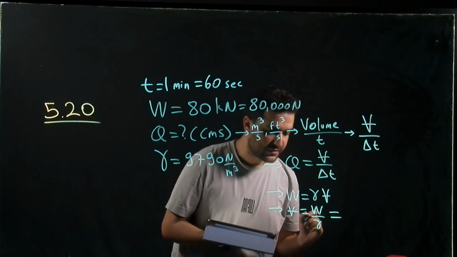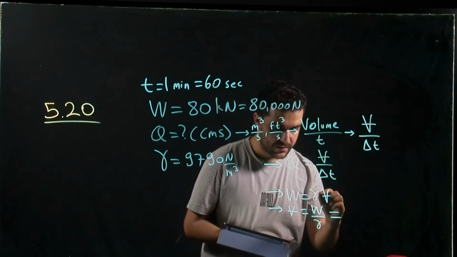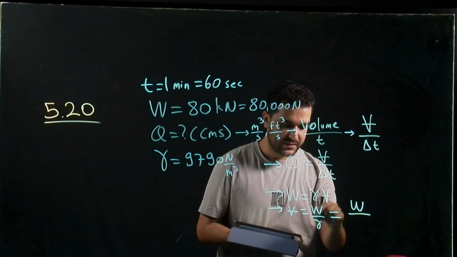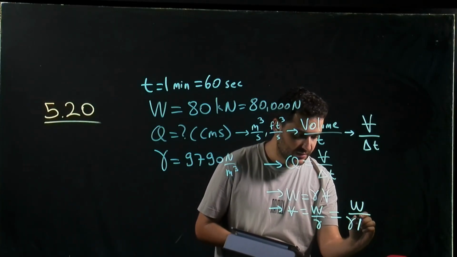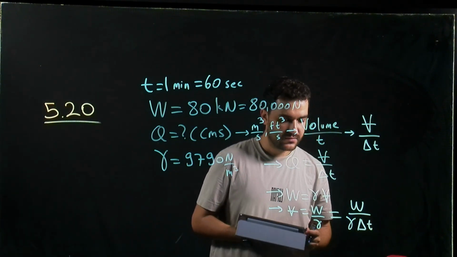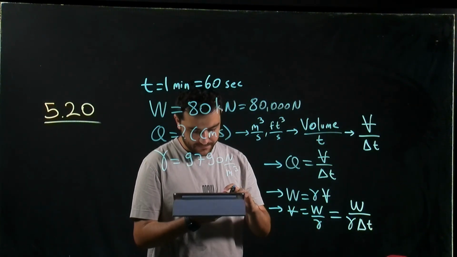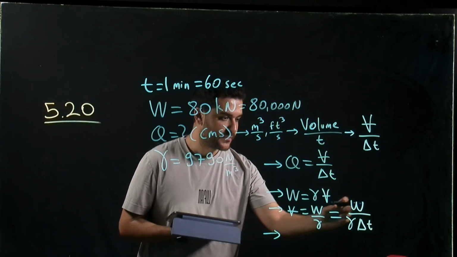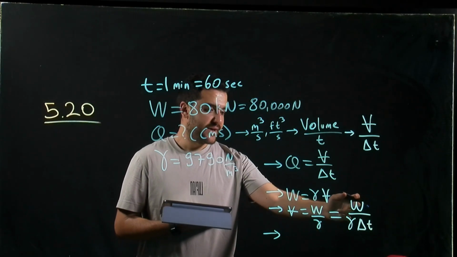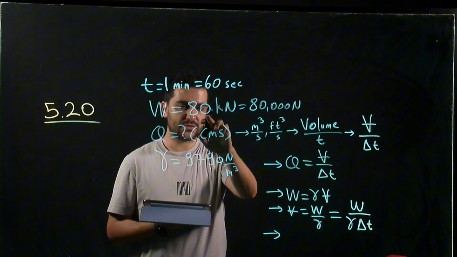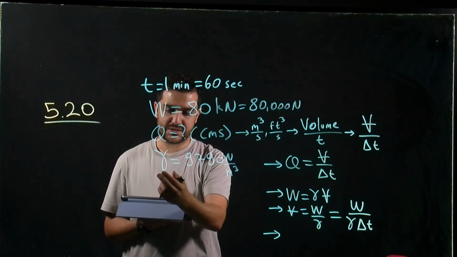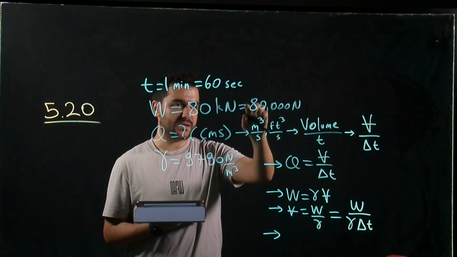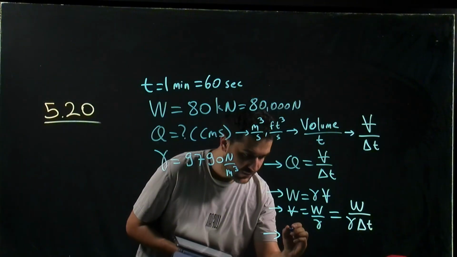So this will be equal to weight over specific weight, times... let me continue from here. So we have weight, which is 80 kilonewton, but since we are also using specific weight and it is in Newton, we can use the weight in Newton form.